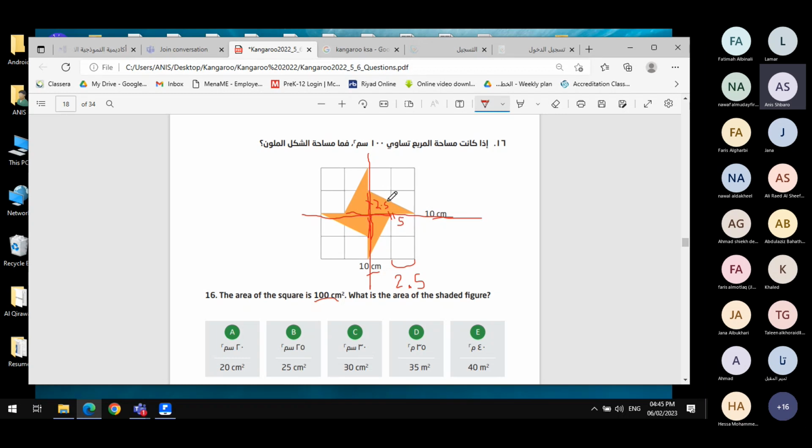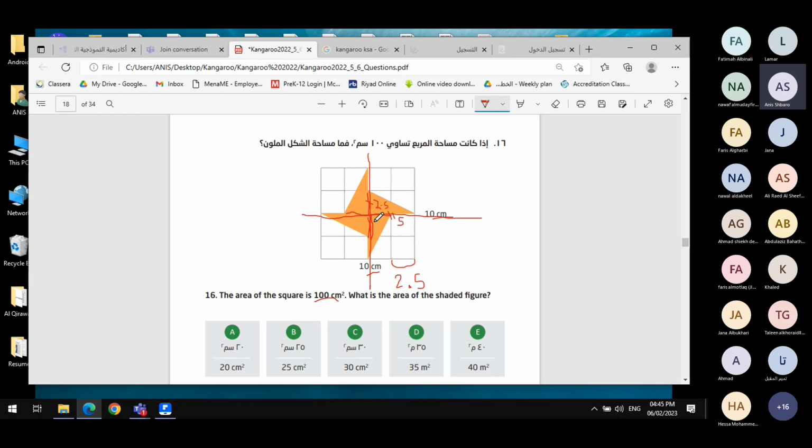As you can see, this triangle is the same as this. And this triangle is the same as this. And this triangle is the same as this. So the 4 triangles are equal in areas. They all have the same area here. So it's simple. We can only find one of them, and we are going to multiply by 4 so we can gain time.